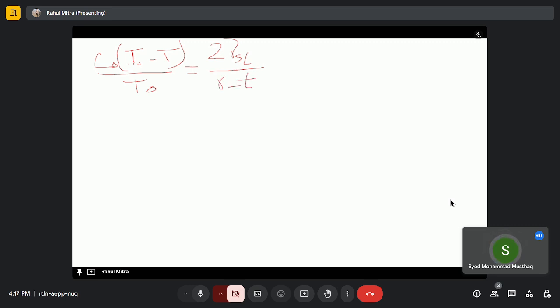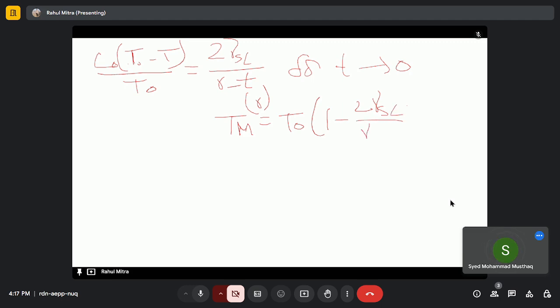Now what happens for T tends to 0, if we apply the limit, then the actual melting point T_m for a radius R will be equal to T naught of 1 minus 2 gamma_SL by, sorry, it's not surface energy, it's the enthalpy of melting times R, the radius.